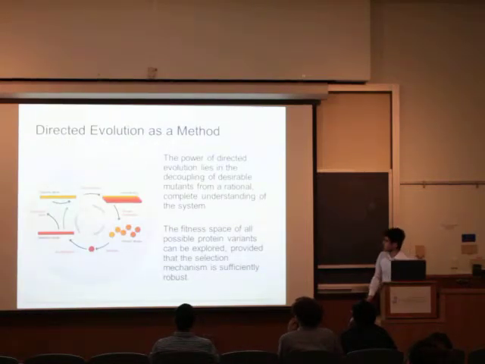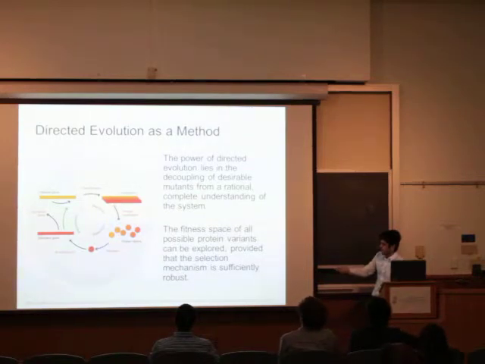In order to understand why this is worthwhile, you have to understand what directed evolution is. The idea is, like I said, you make modifications to the genetic sequence, and that translates into modifications in your protein library.